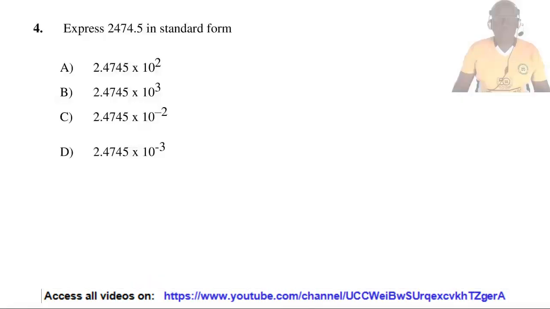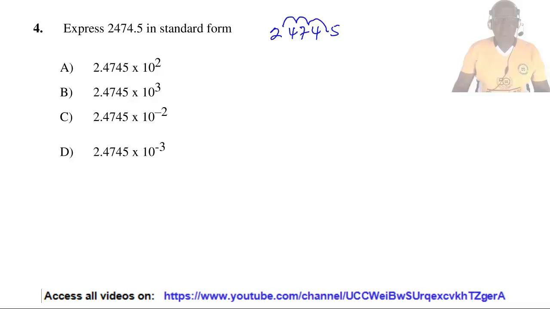Question 4. Express 2,474.5 in standard form. In the standard form, there should be 1 digit to the left of the decimal point, which is not 0. So, to obtain this from 2474.5, we shall shift the decimal point 1, 2, 3 places to the left.